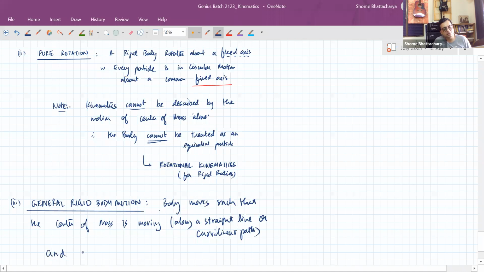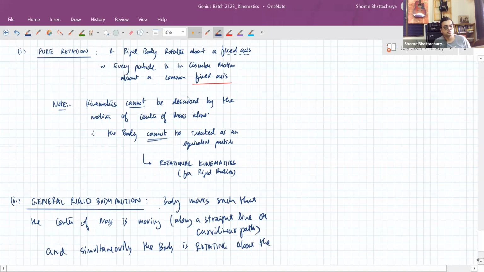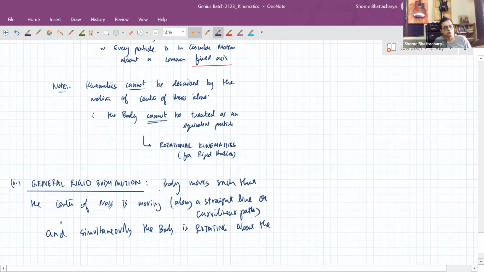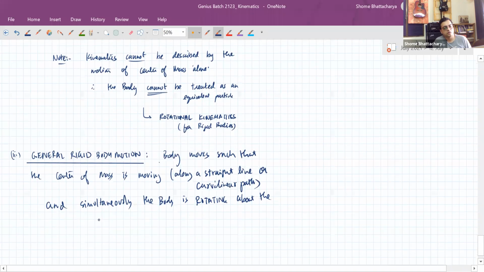And simultaneously, the body is rotating about the center of mass. So this is basically what we call a combination of rotation plus translation.